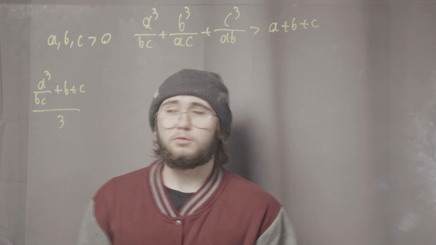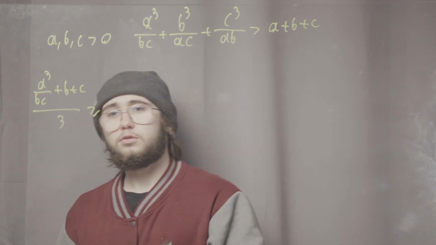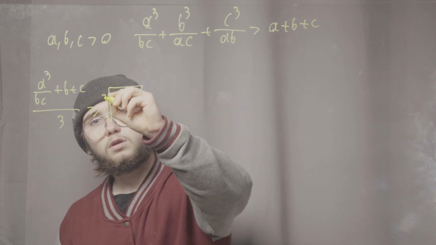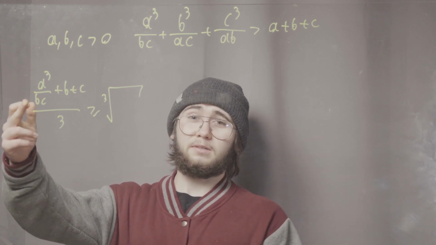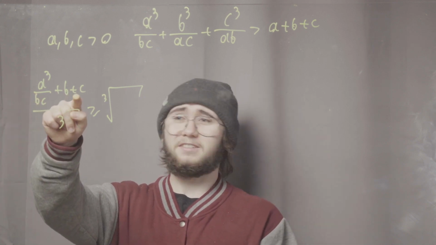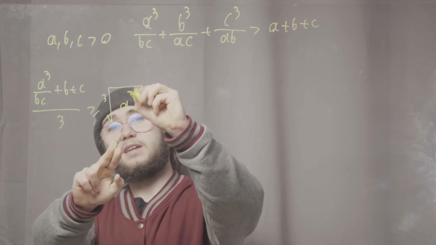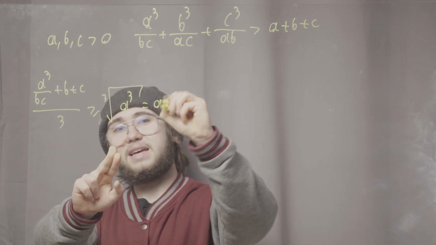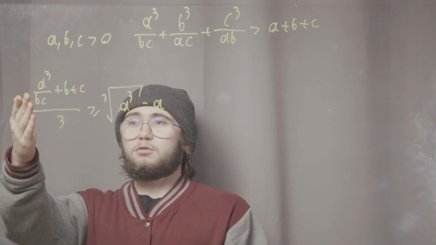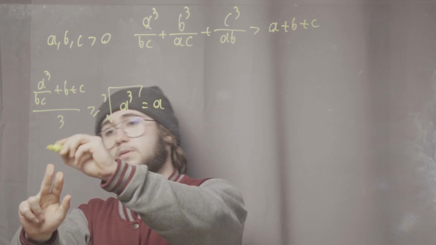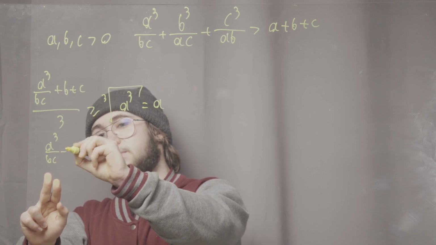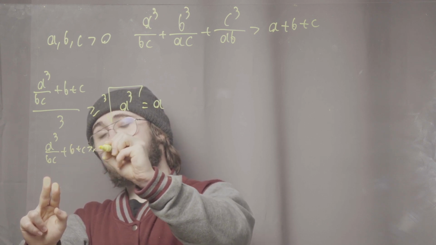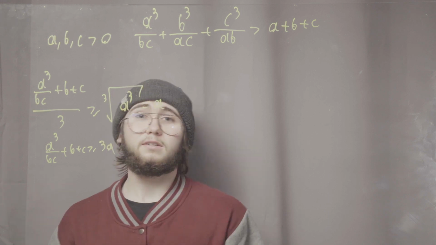This is greater than or equal to the cube root of a cubed by b times c times b times c. And so this will be just a cubed, and this is equal to a. And so a cubed by bc plus b plus c will be greater than or equal to 3 times a.